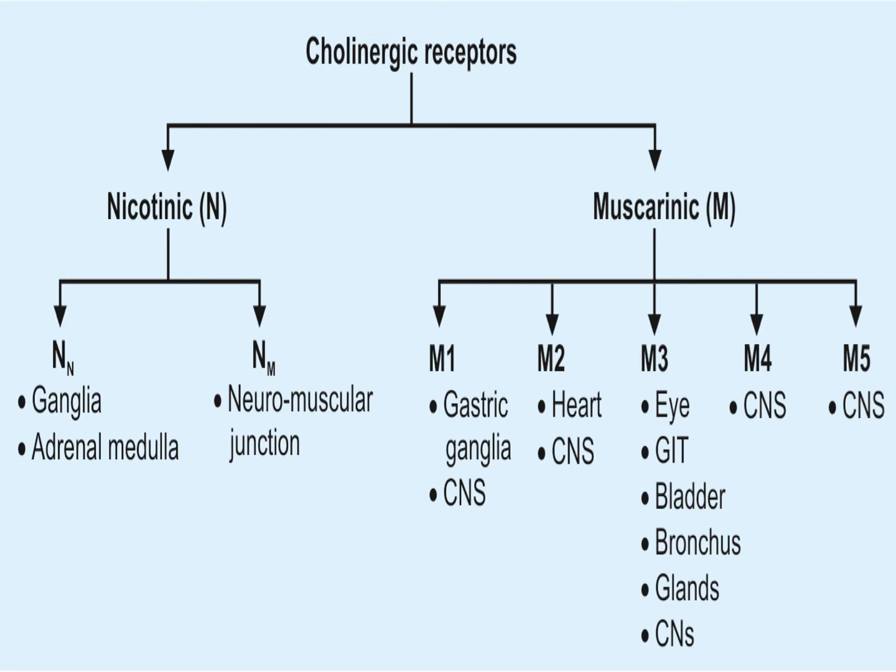The M1 subtype is located in the gastric ganglia and central nervous system, whereas M2 is located in the heart and central nervous system. The M3 type has widespread location, that is in the eye, gastrointestinal tract, bladder, bronchus, different types of glands and central nervous system, whereas M4 and M5 are not that significant as compared to M1, M2, M3. Both are located in the central nervous system.